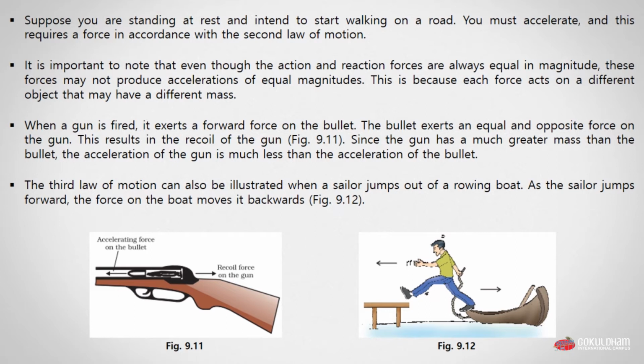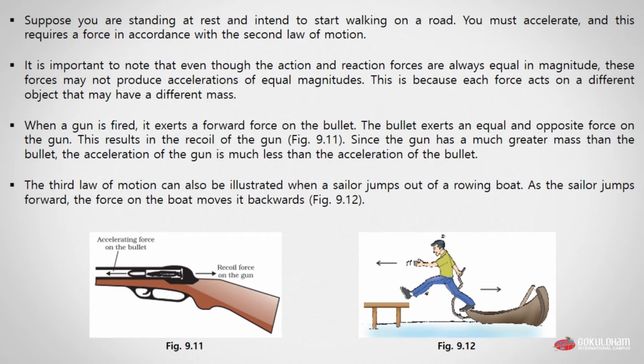When a gun is fired, it exerts a forward force on the bullet. The bullet exerts an equal and opposite force on the gun. This results in the recoil of the gun, which is shown in figure 9.11, where the recoil of a gun is shown, and also the acceleration produced on the bullet.